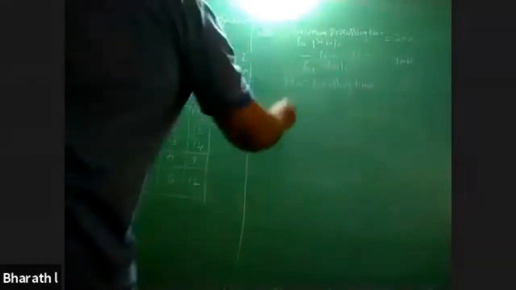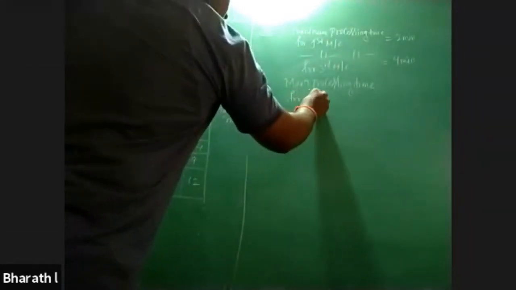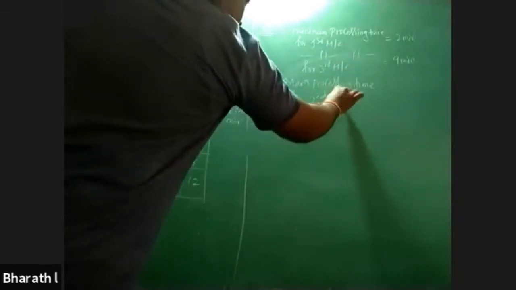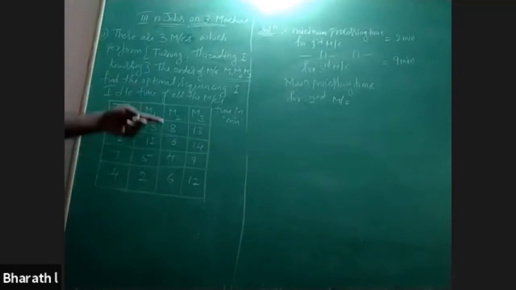Then next, we need to find the maximum processing time for the second machine. For the second machine, the maximum processing time is 8. Here you have to write 8 minutes.